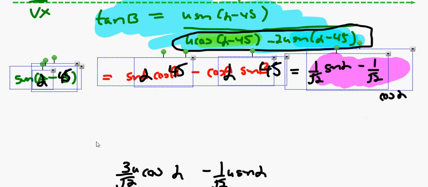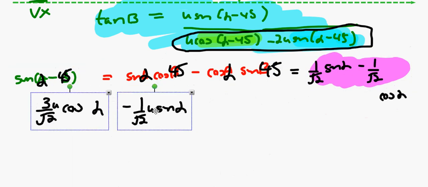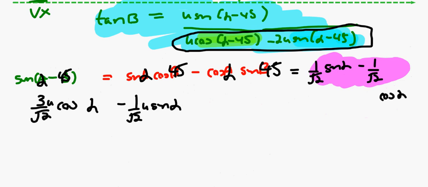So, here we go. Again, tan beta equals u sine alpha. And if I remember correctly, it'll be multiply this by u, isn't it?